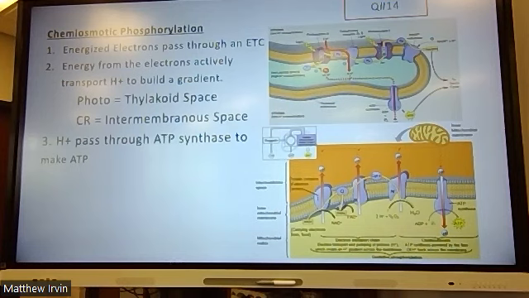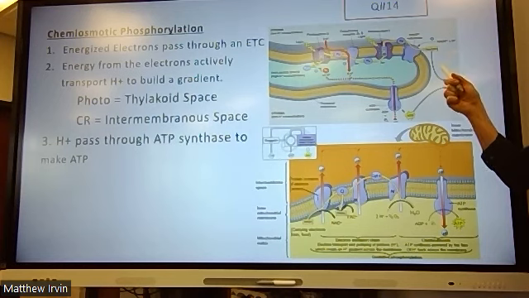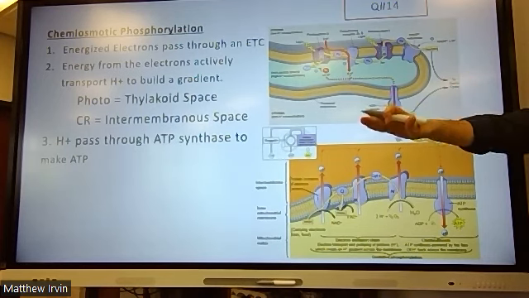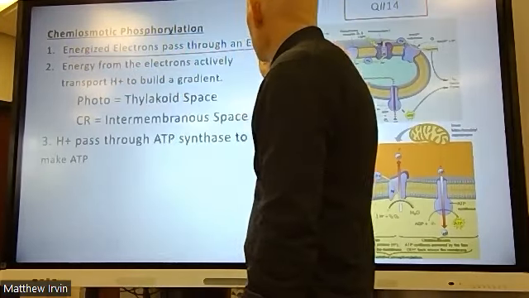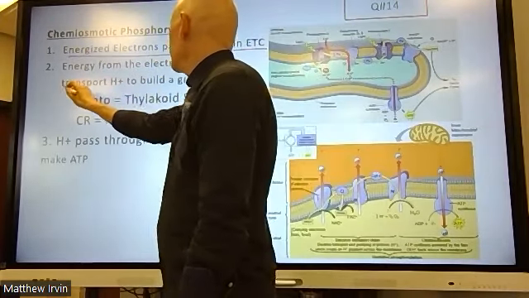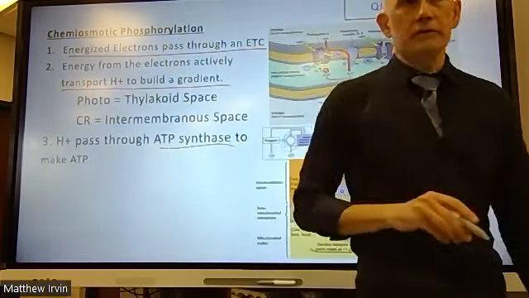All right, so both photosynthesis and cell respiration rely on chemiosmotic phosphorylation. Oxidative phosphorylation is particularly cell respiration because it's using oxygen. But both of these, all chemiosmotic phosphorylation means that we are building a gradient, with energized electrons going through the ETC. We build a gradient, and then that goes through ATP synthase.